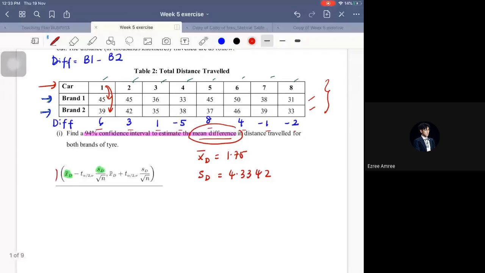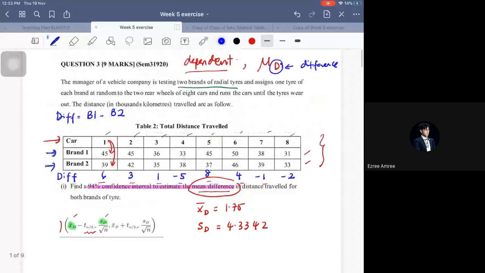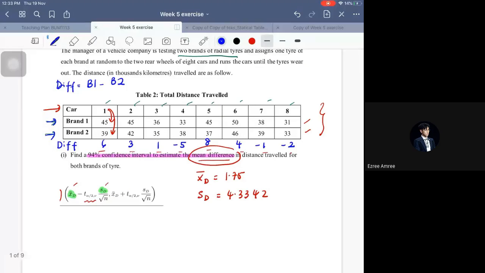So what I'm going to do is, I already have this, but I also need to find the t distribution value. So for this case, I'm going to find a t alpha over 2. So what is my alpha value for this case, for the whole scenario? Alpha is going to equal... What is my alpha value?